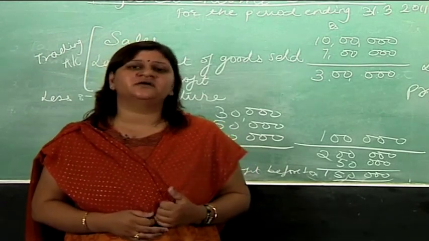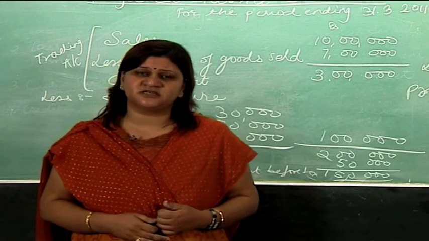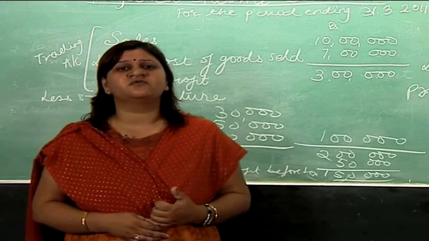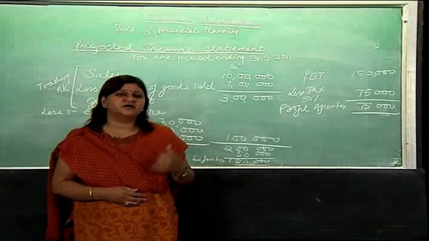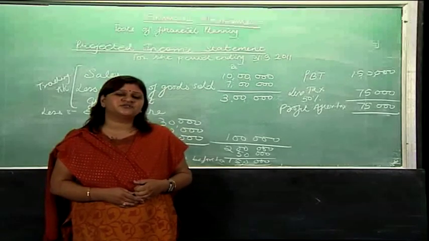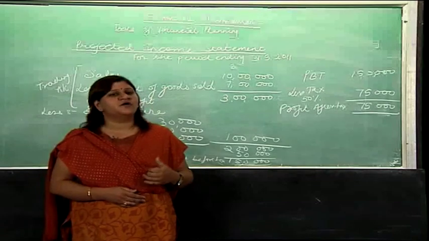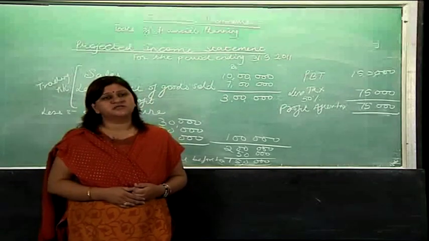And we have also learned to compute the projected income statements, where we have taken into account all the relevant sales, cost and expenditure being incurred for a particular project and traced out the profits available out of that project using the projected income statements.